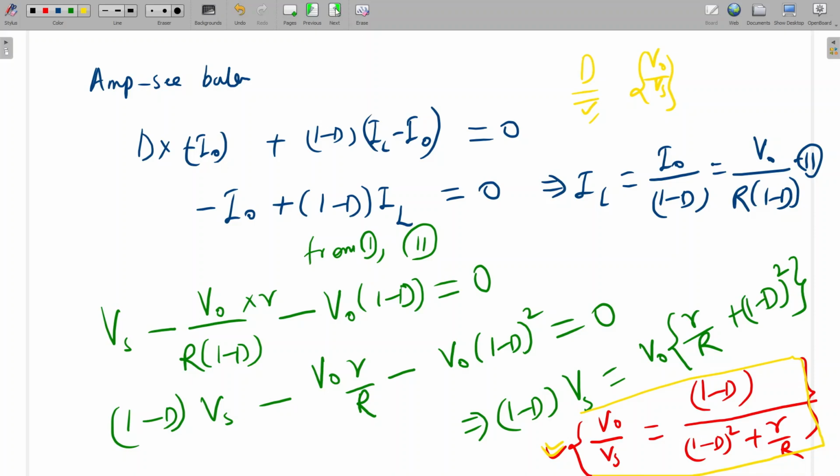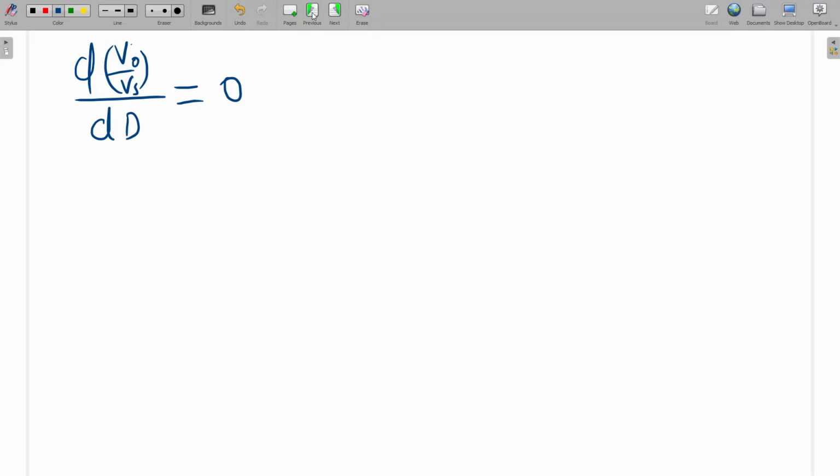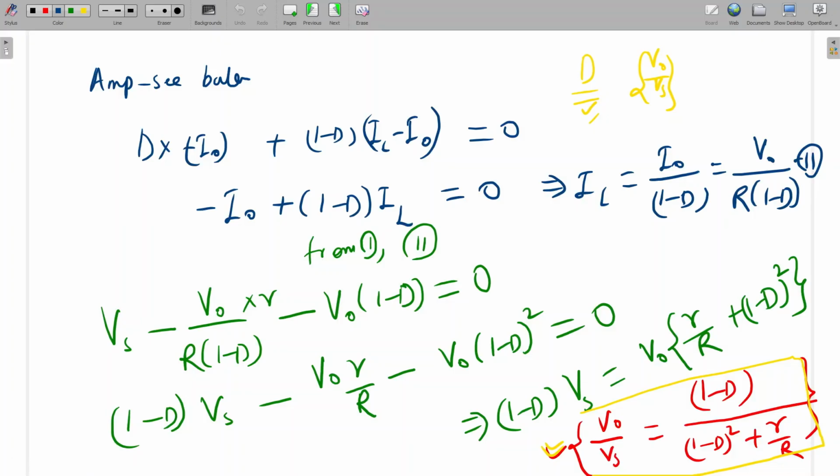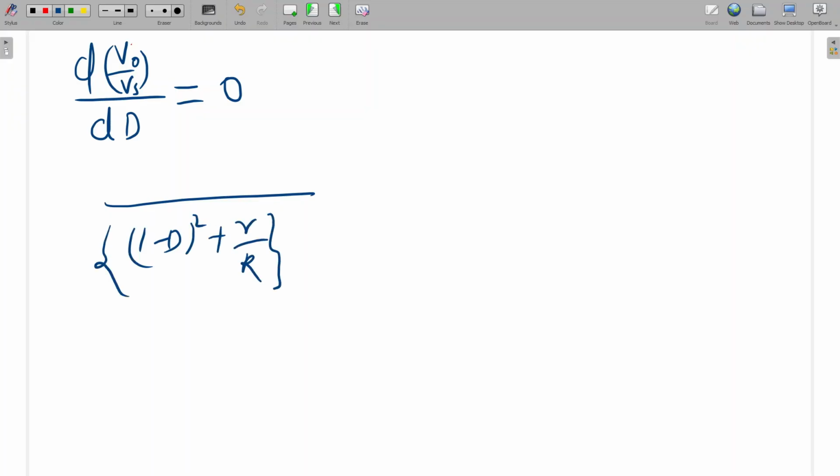Okay, so I'm going to do that. What can we write? d(V0/Vs)/dD should be equal to 0. The numerator will be a square, so we can write (1 minus D)² plus r divided by R, whole squared.